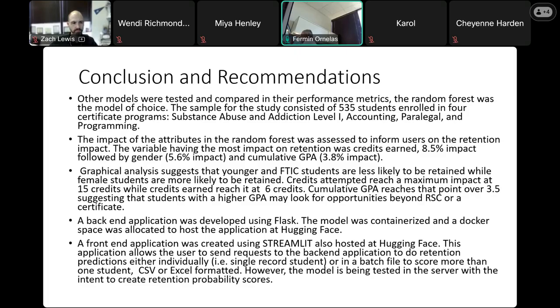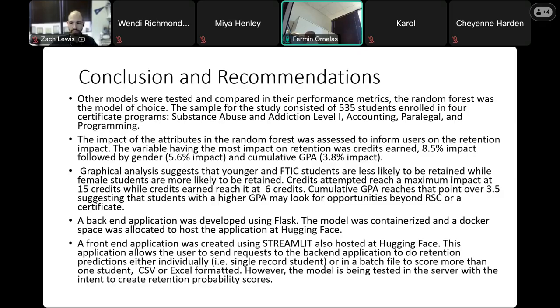That suggests they complete their certificate studies and continue taking credits beyond what is expected for the certificate.